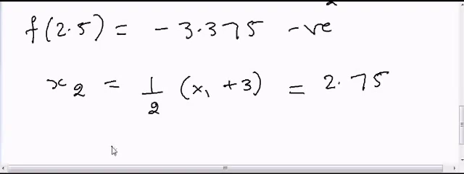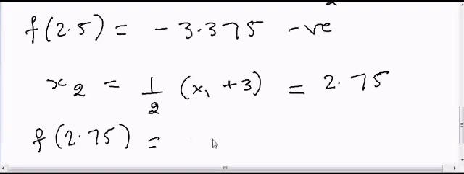Now again I will solve for f of 2.75, and that will give me 0.7969. So this is closer to 0 now, but this is a positive number.